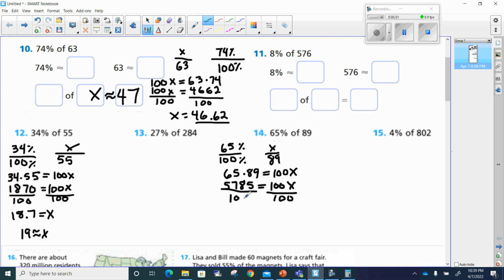I'm dividing it away from 5,785. That's moving the decimal over 2 spots. So this is going to be 57.85 equals x. If I was to estimate this, I would round up, and this would be 58.